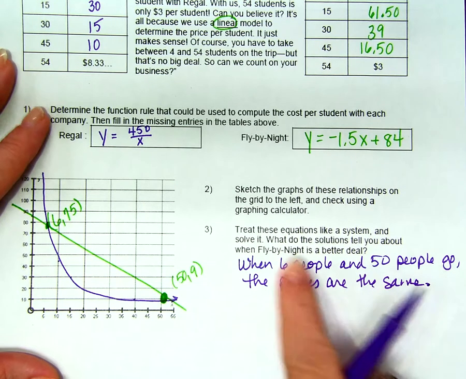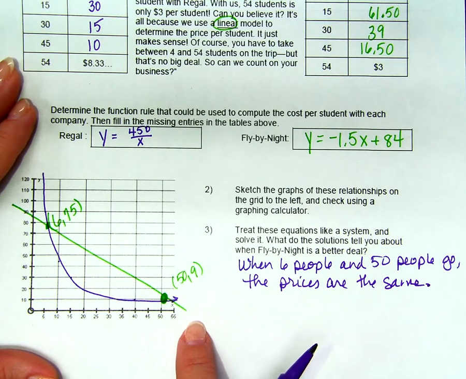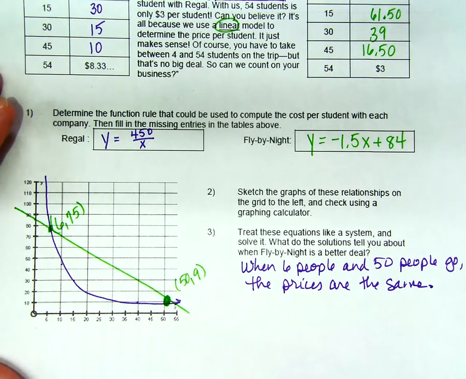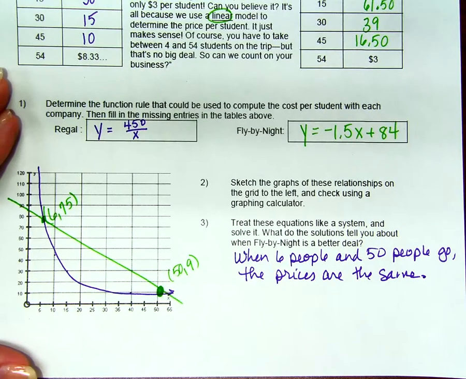So it wants to know when Fly-By-Night's a better deal. Well, that's my green graph. What makes it a better deal? It costs less, right? So when is the green line less than the purple curve? Less than 6 or greater than 50, right?